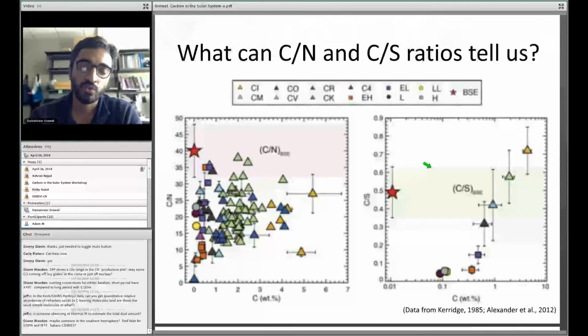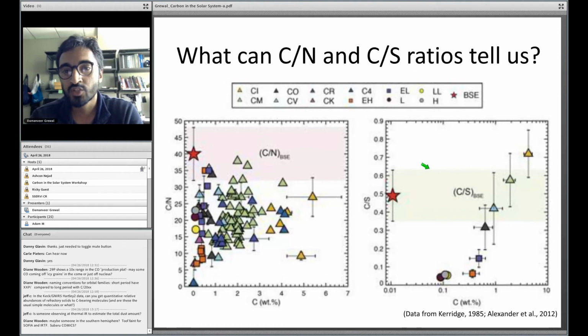It is interesting to look at this number. If you look at the carbon/nitrogen and the carbon/sulfur ratios, the carbon/nitrogen ratio of the bulk silicate Earth is over here. That carbon/nitrogen ratio is actually greater than the carbon/nitrogen ratio of all the building blocks. Over here I plotted all the different chondrites that we have data for, and the carbon/nitrogen ratio in the bulk silicate Earth is a clear outlier.